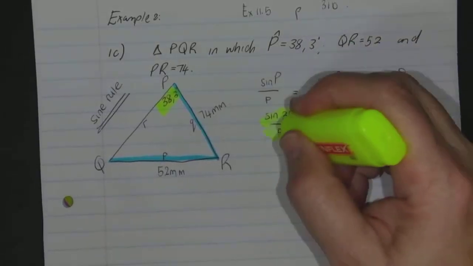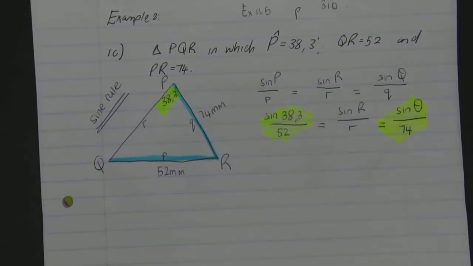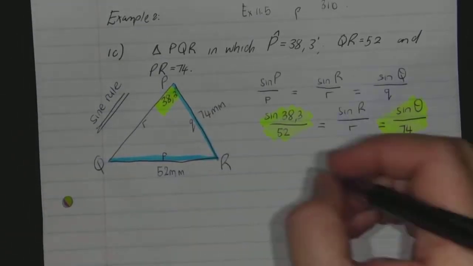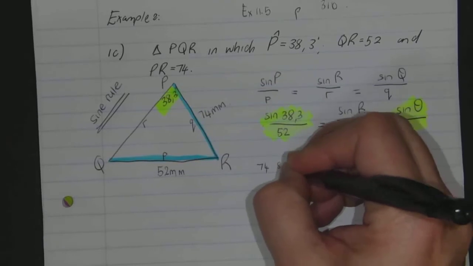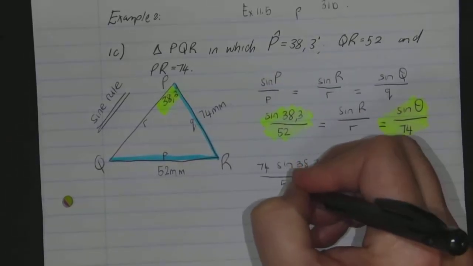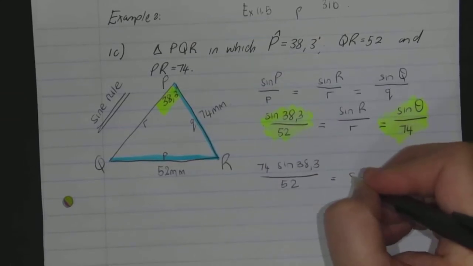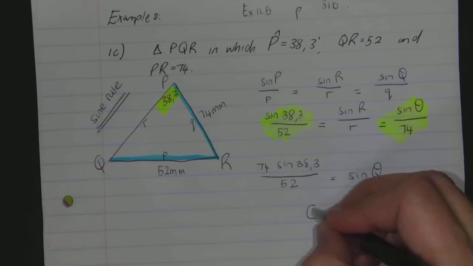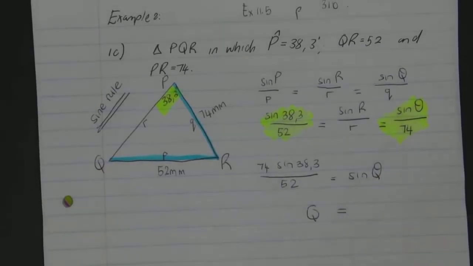So if I work with these two, I can say 74 sine 38,3 over 52 is equal to sine Q, and then I can work out Q by doing shift.